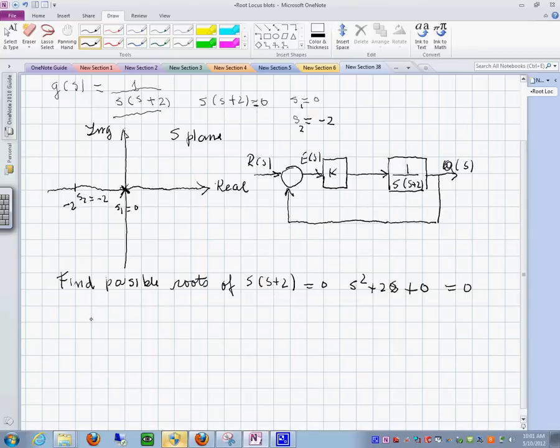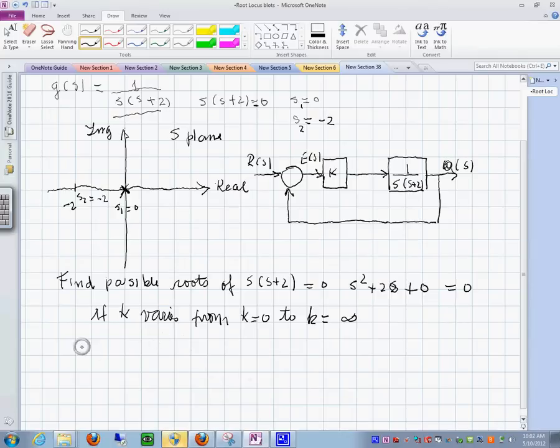if k varies from k equals 0 to k equals infinity, and make a plot.